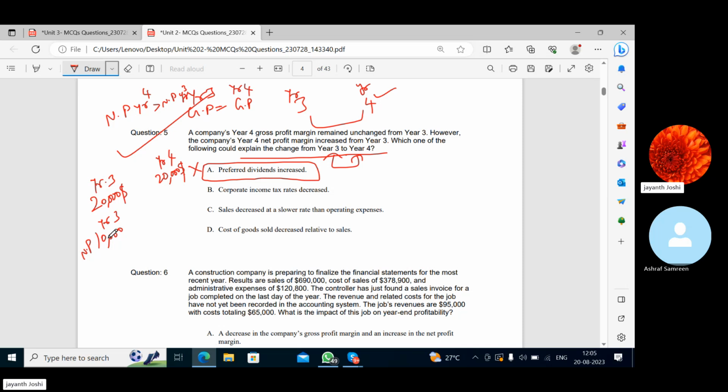This is net profit, this is PBT, and sales are 1 lakh. Margin means dividing by sales: net profit by sales into 100 is the net profit margin.